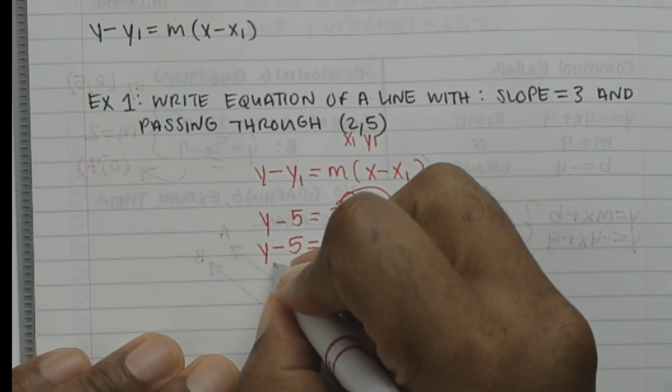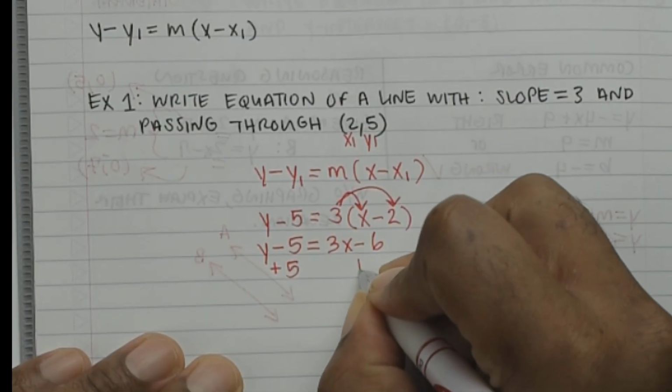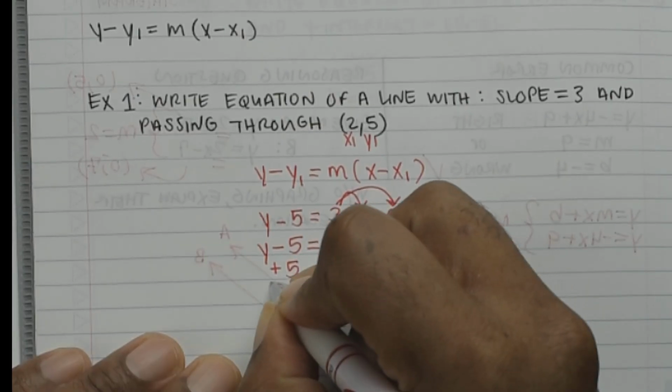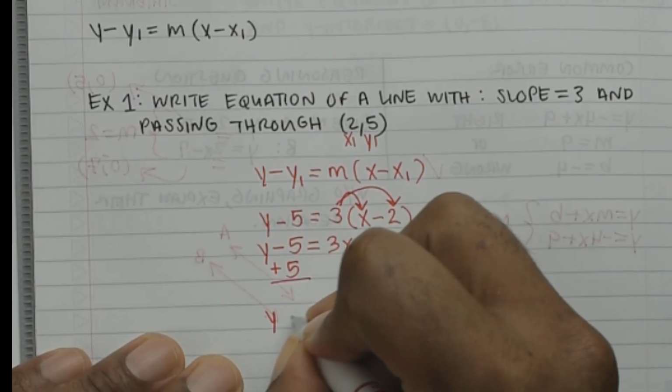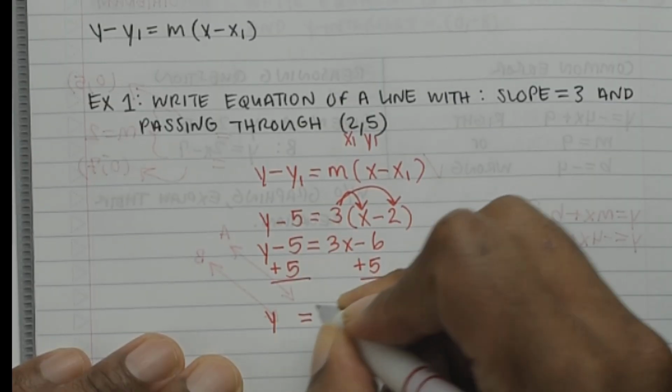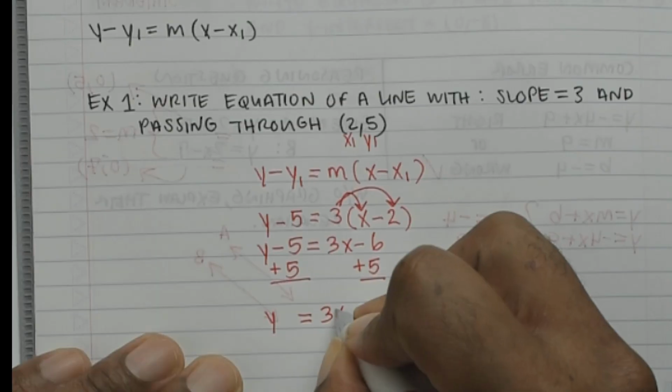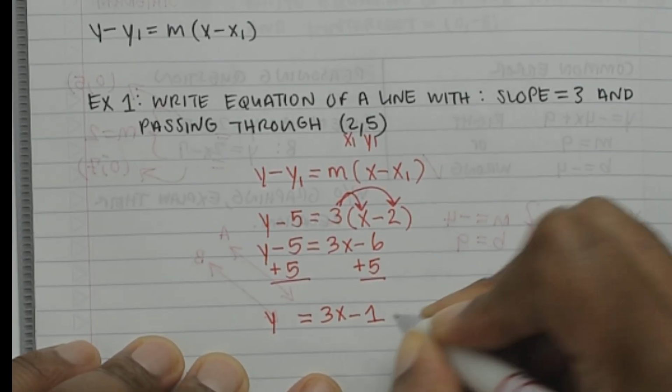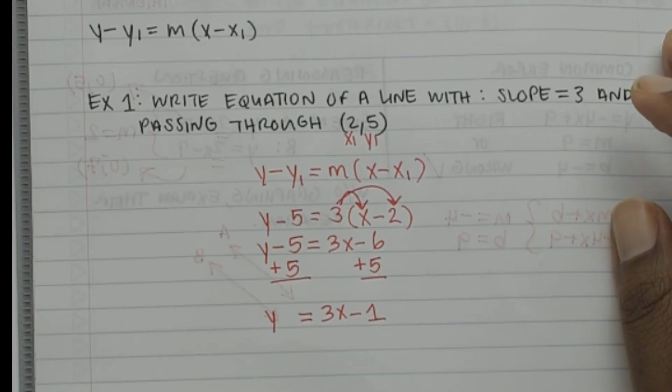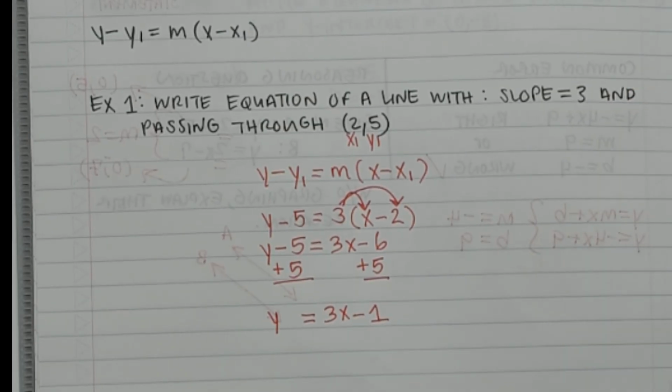Then we add 5 to both sides. This cancels out, and we have y equals 3x minus 1. Therefore, the equation can be written as y minus 5 equals 3(x minus 2), or y equals 3x minus 1. Both of them are correct.